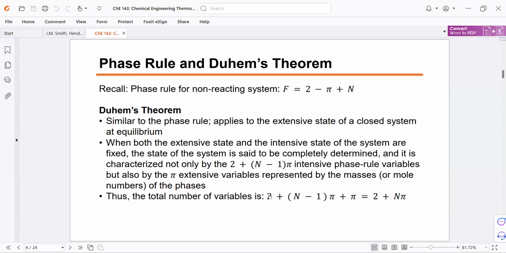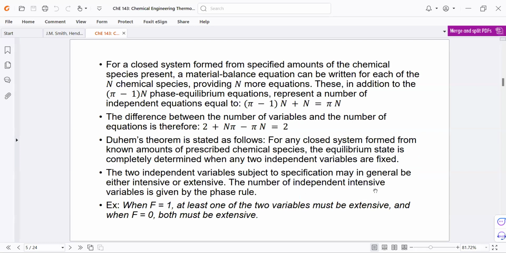When we count the total number of variables, we consider the number of intensive variables, this one, where we derived the phase rule, plus the extensive variables represented by this one, and then we expand by this expression to get 2 plus n times pi as the total number of variables. Next, we count the number of equations.